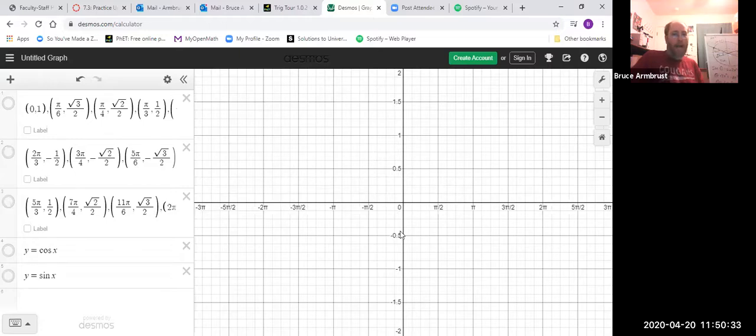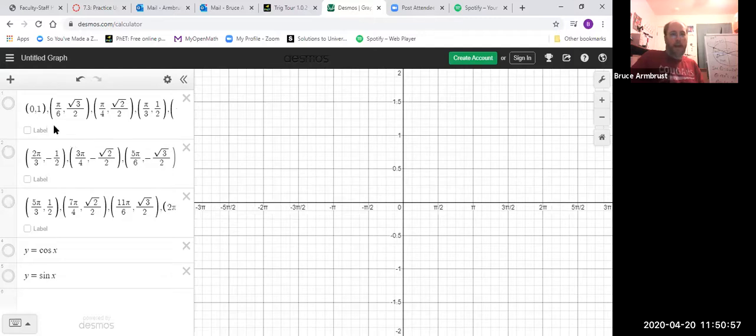And the y-axis, it's not a y-axis. It's the cosine values. It's those numbers that we got that were the cosine values as we went around the unit circle. Okay, so thetas are horizontal and the cosine values, the trig values, are vertical.